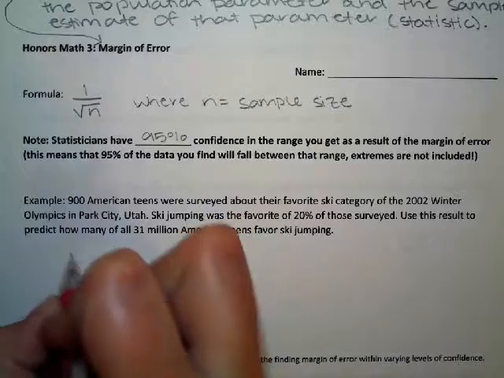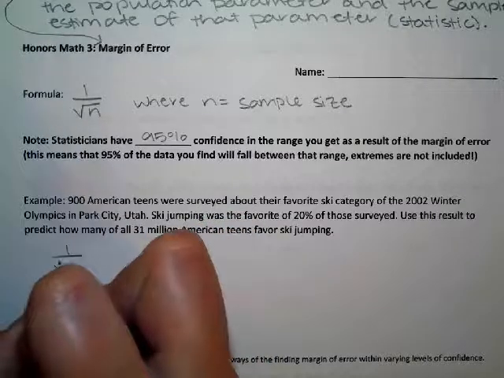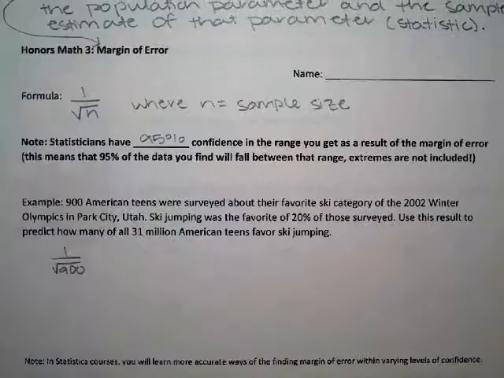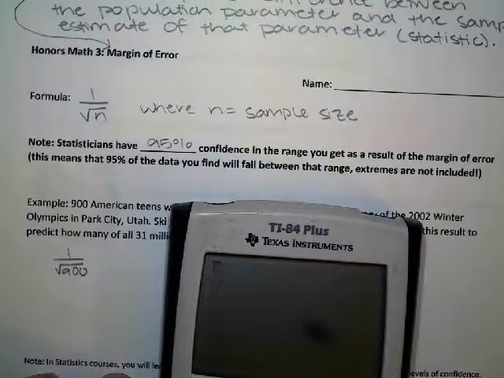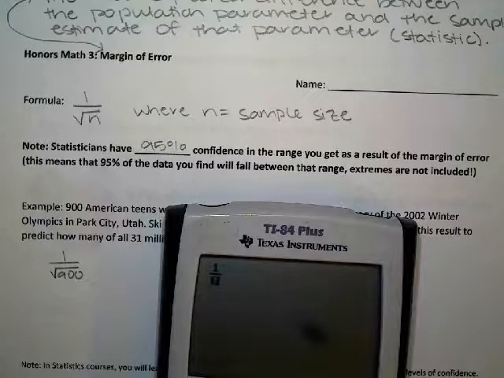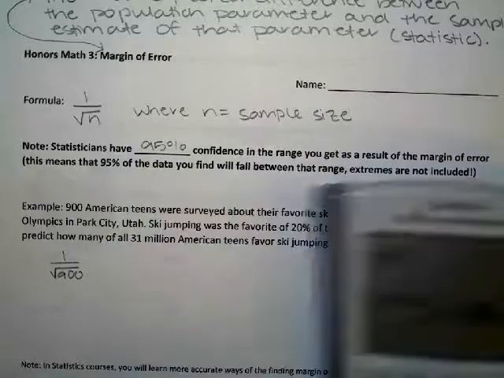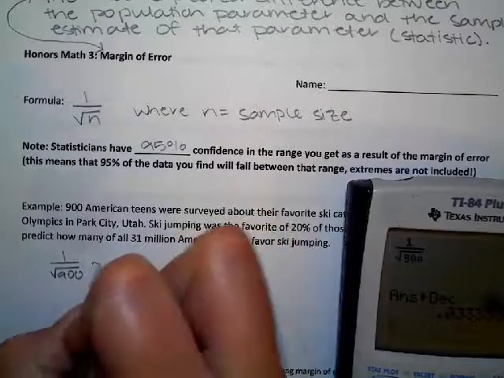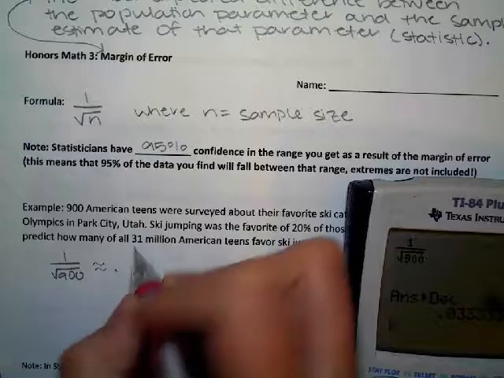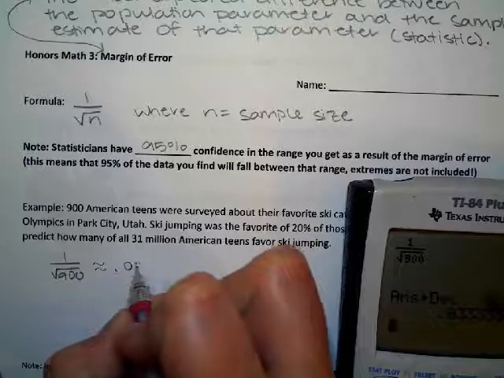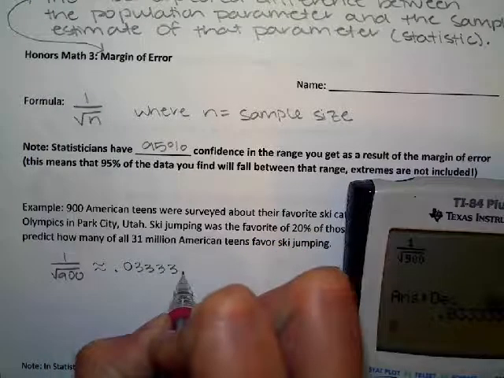So what we're going to do is we're going to say 1 over the square root of 900. We're going to go ahead and just calculate that real quick. So I'm going to type in 1 over square root of 900. I get 1/30th. I just want that as a decimal. So I get that this is approximately 0.03333 repeating.